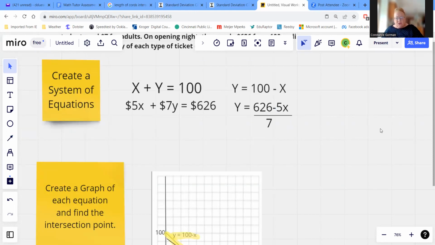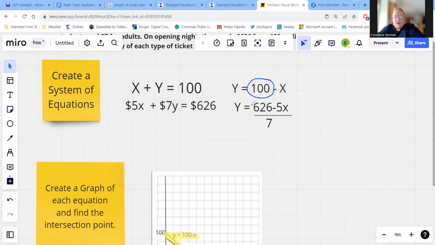Okay, so the advantage of having the equations in the y equals mx plus b format is that we're able to come up with the y-intercept and at times the x-intercept. In the first equation, remember the constant is always the y-intercept, so in this case, it's 100.